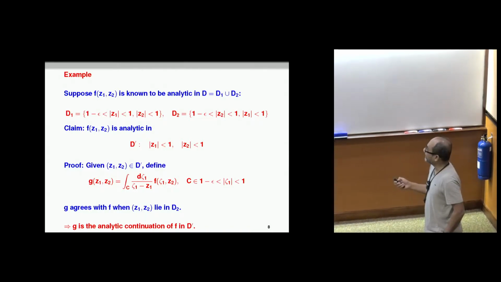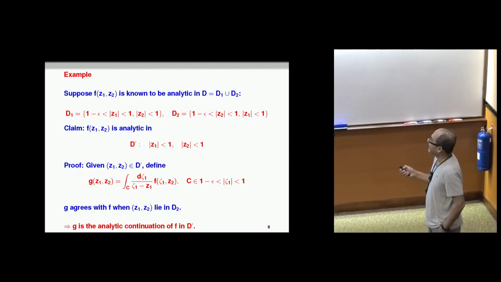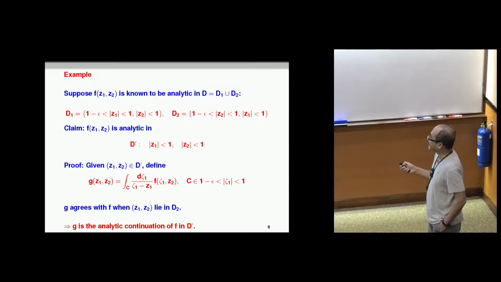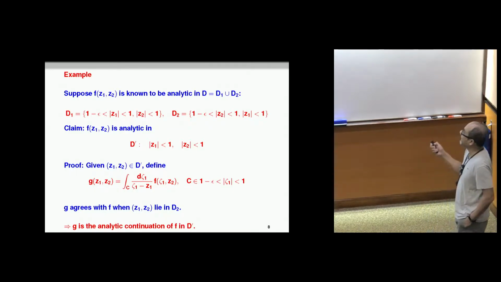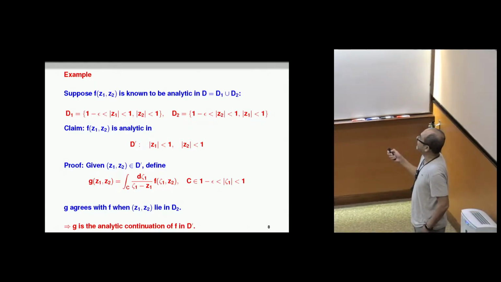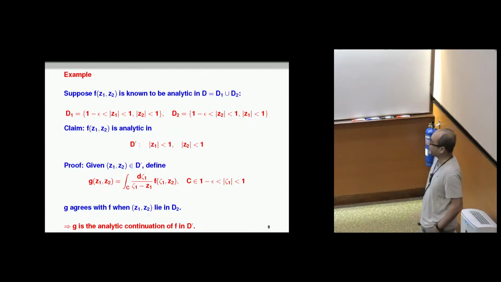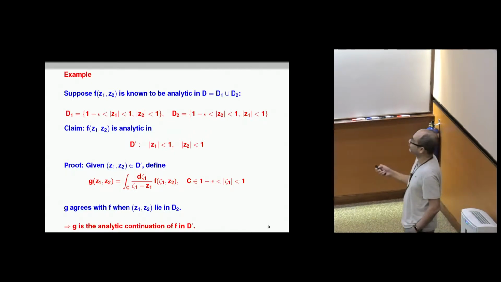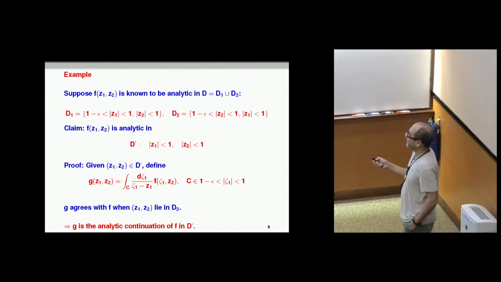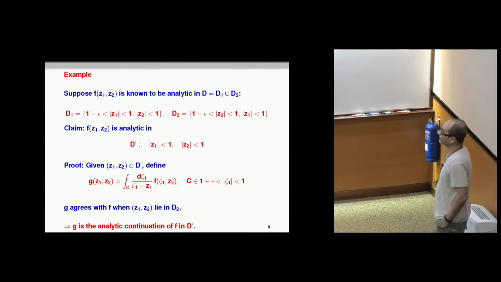And you can show that it agrees with F when Z1 and Z2 are in D2, because inside D2 the Z1 plane is a full unit disk, which is a domain of analyticity, already known. So in D2, we can simply shrink this zeta 1 contour and evaluate this using Cauchy's integral theorem, and we can show that this agrees with F(Z1, Z2).